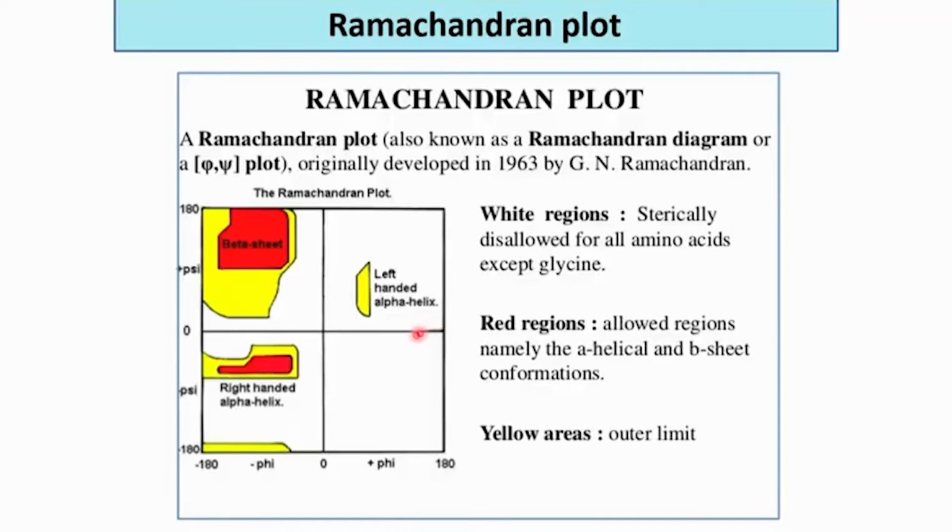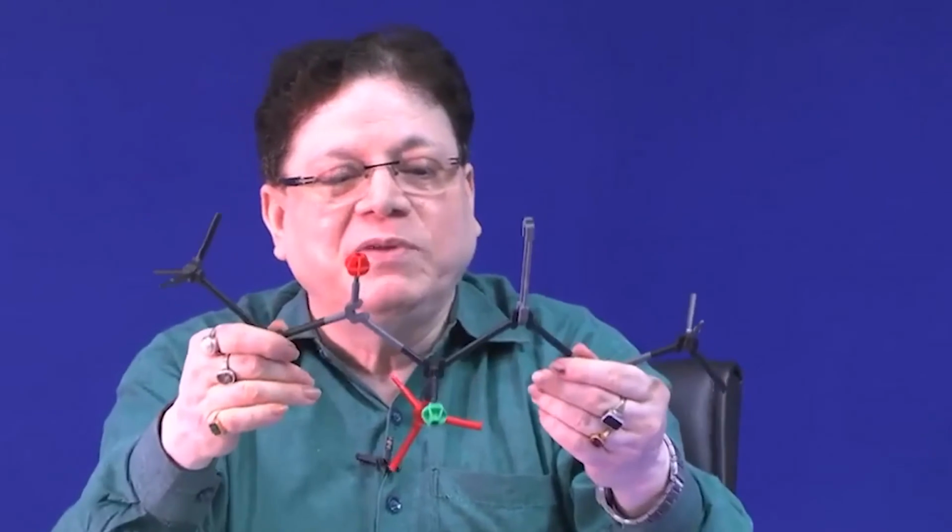Now, the 0 combination is not allowed, and you see the 0 combination is not allowed. So, he actually calculated all these, computed all these, and determined crystal structure analysis, and from that he came out with this plot. I think that is what it is. If there is any difficulty, again we can come back and show what this Ramachandran plot is. Okay.